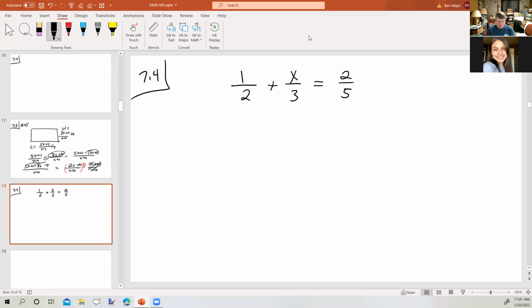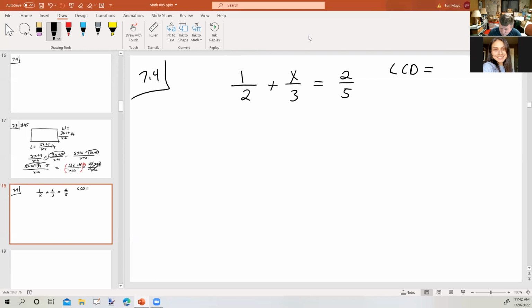Okay. So we have an equation containing fractions. The first thing we're going to do is clear out all the fractions by multiplying both sides of the equation by the least common denominator. So actually the first step is to find the LCD.